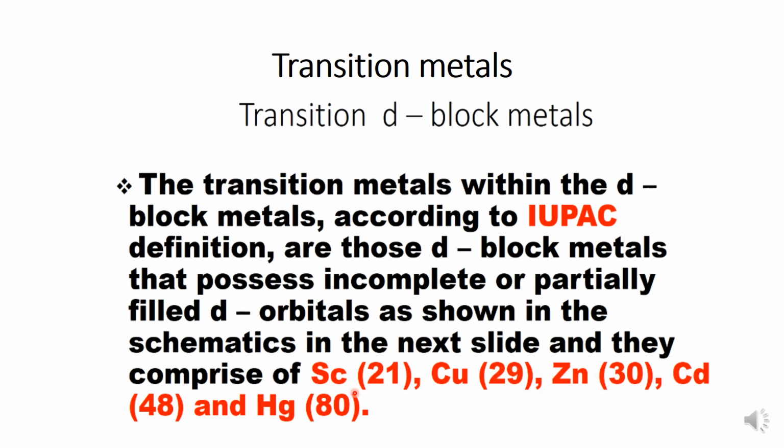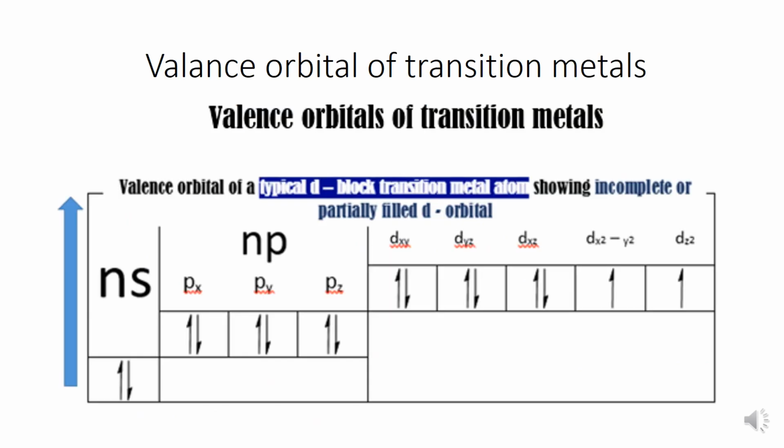At this point, I may allow you to justify why cadmium 48 and mercury 80 are not considered to be transition metals. But here we have the electronic configuration of the transition elements, and they have this single electron. There is no pairing in the dxy, dyz, dxz, the x square minus y square and the z squared orbitals.